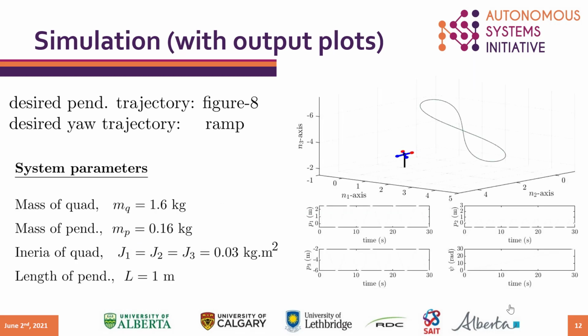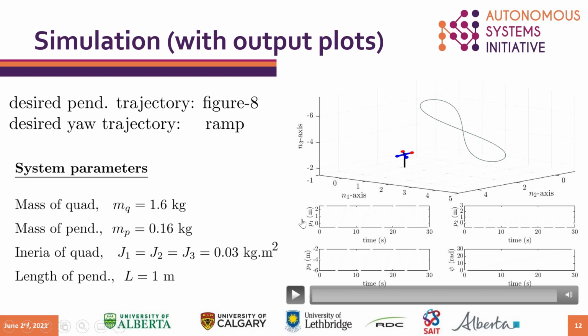Here we are going to see some simulation results where the desired pendulum trajectory has been set to a figure 8 and the desired yaw trajectory has been selected to be a ramp signal, which means that the quadrotor is asked to rotate about its third axis indefinitely. Here in the upper part, we're going to see an animation of the motion.